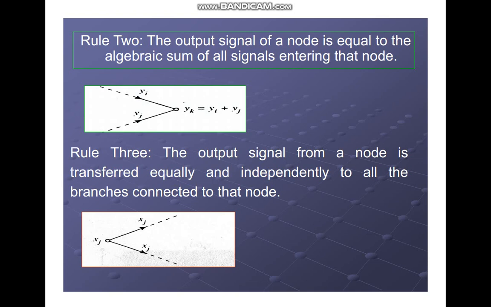The output signal of a node is equal to the algebraic sum of all signals, as we have shown here: Yk is equal to yi plus yj. And the output signal from a node is transferred equally and independently to all branches connected to that node.